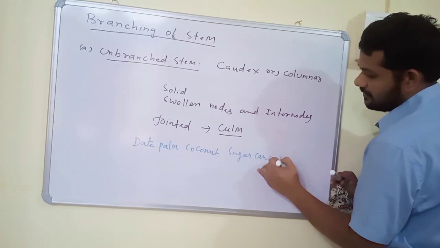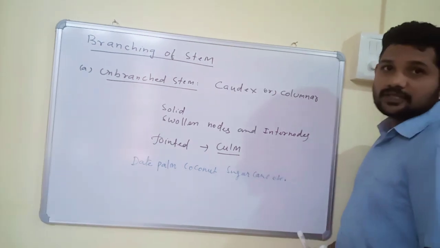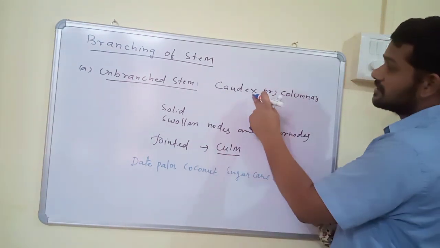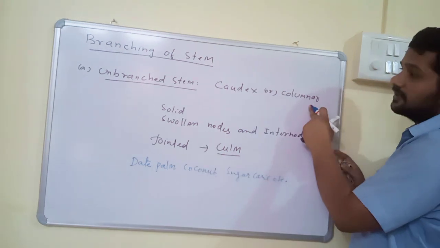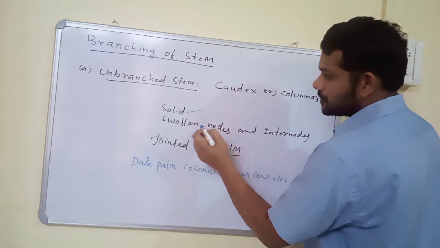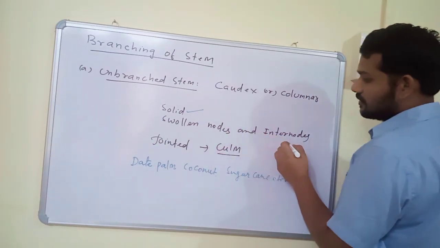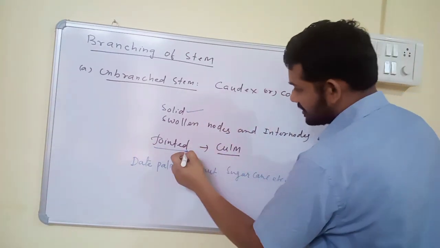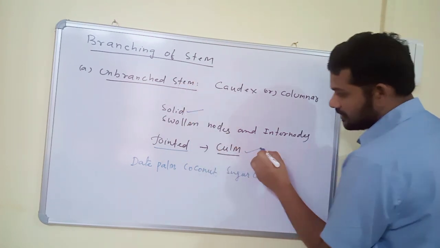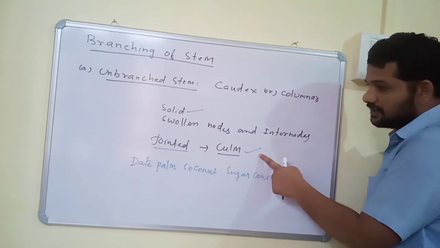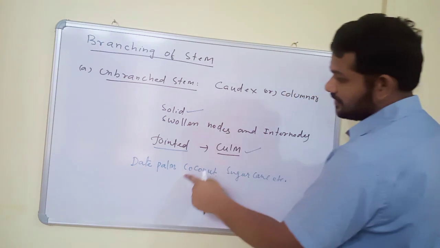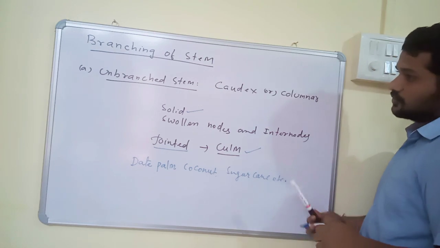So a stem may be branched or unbranched. An unbranched stem is called caudex or columnar, and the jointed unbranched stem is called culm.